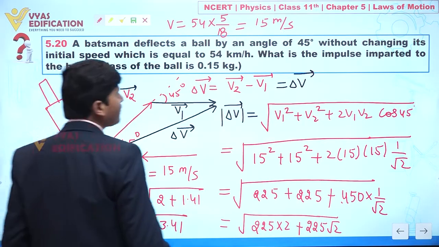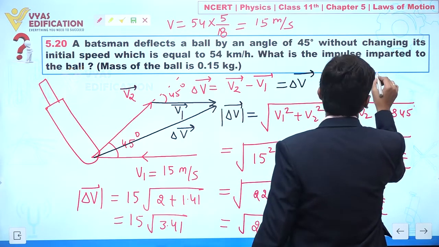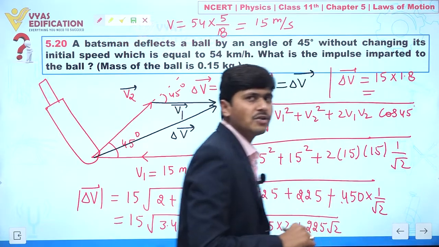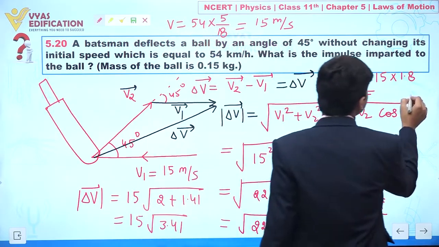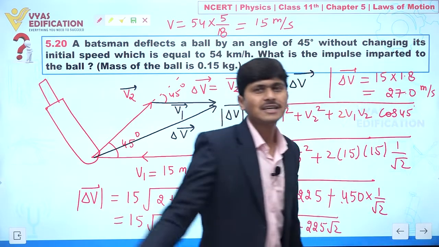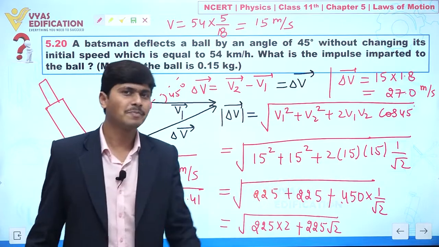Keep the calculation simple: 15 multiplied by 1.8 gives 27. So the resultant change in velocity is 27 meters per second.